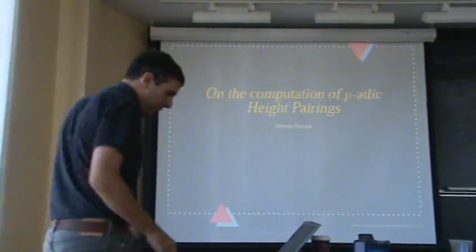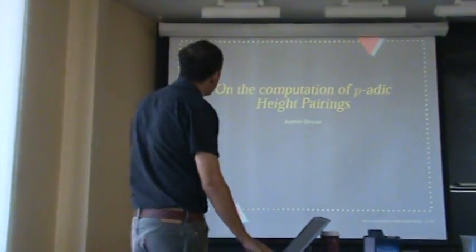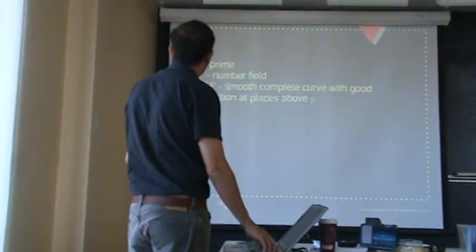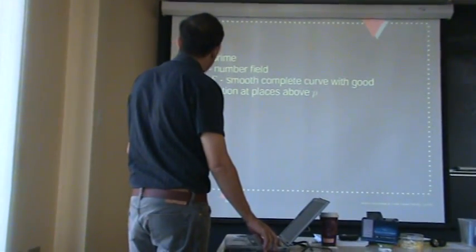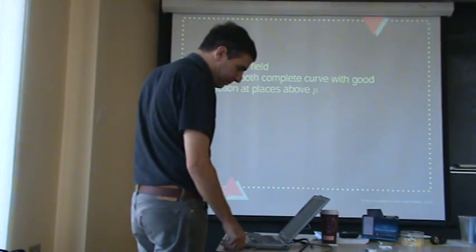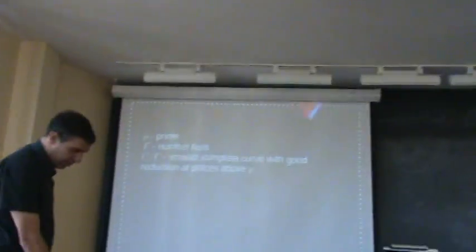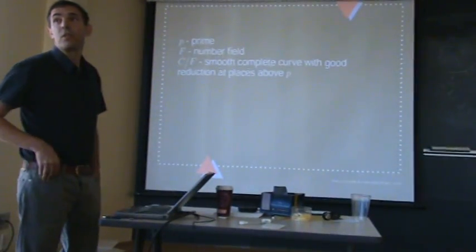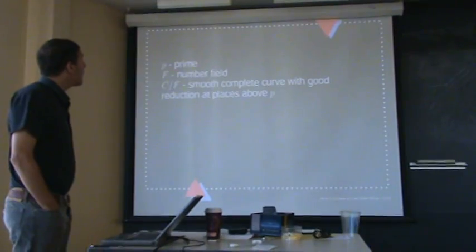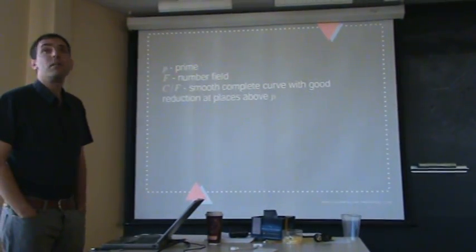All right, thank you very much for inviting me. This basically starts from some work that William did a couple of years ago, when they computed p-adic height pairings for elliptic curves.